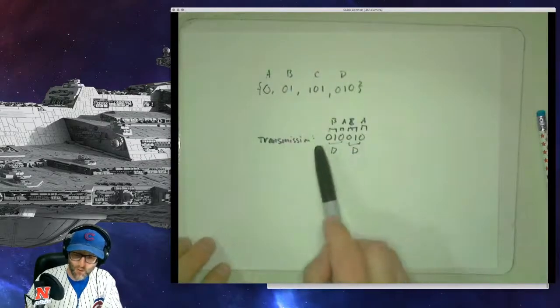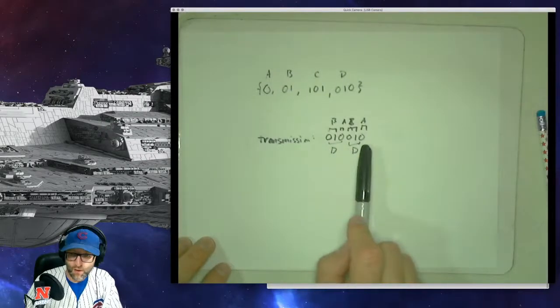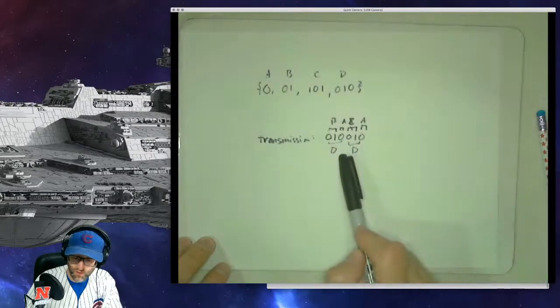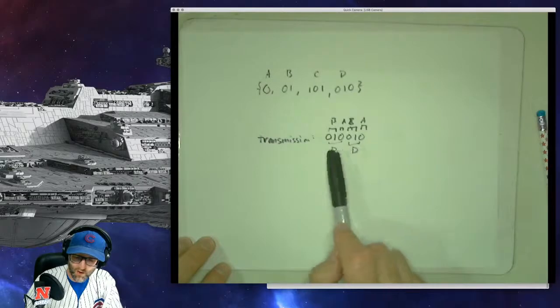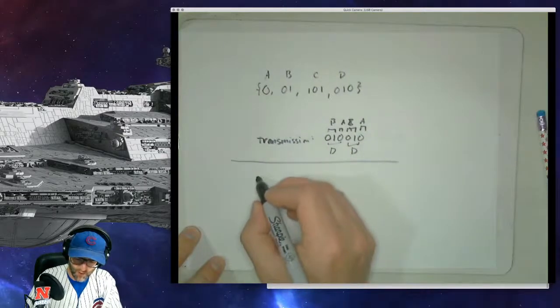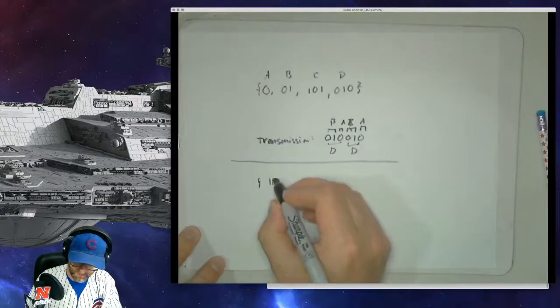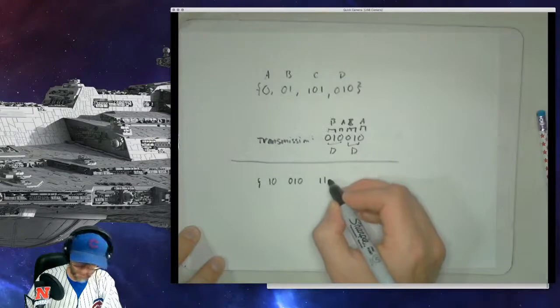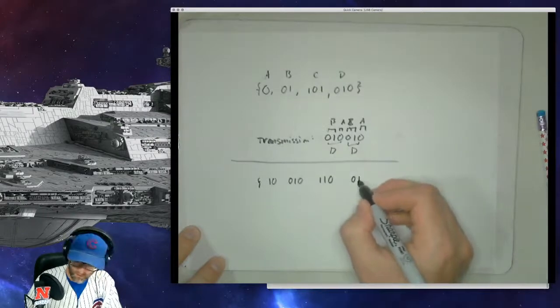How do I know where one code word begins and the next code word ends, and then give me the next code word here, right? What I need is a prefix free encoding. For example, what if we did 10, 010, 110, and 0110, right?